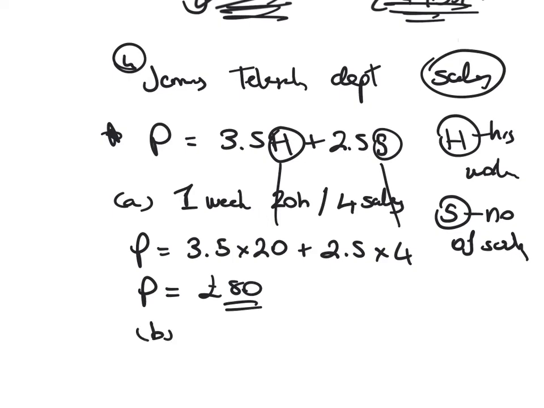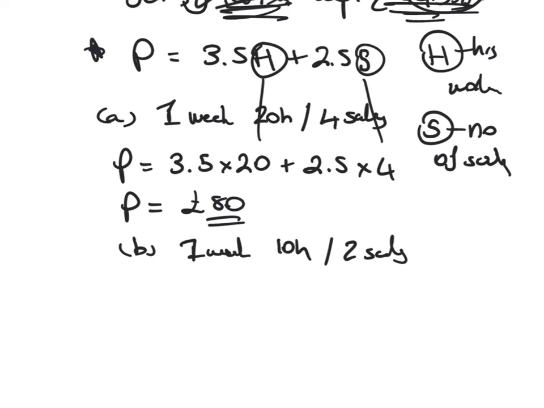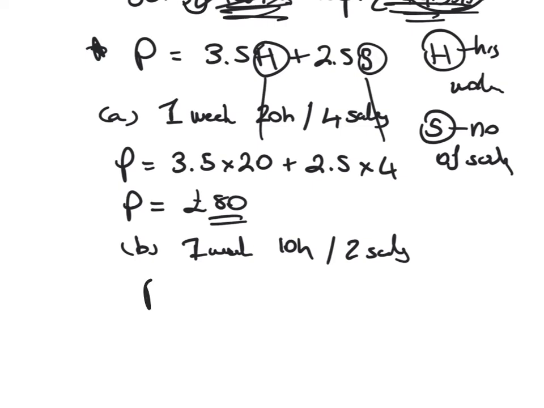Okay, part B, let's say in 1 week he works 10 hours and makes 2 sales. Okay, so the formula holds, which is the pay is equal to 3.5 lots of the hours worked plus 2.5 lots of the sales that are made.